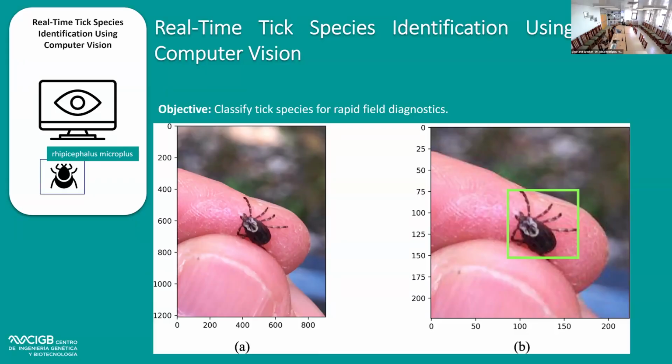an app that can identify and classify tick species using computer vision. That responds to the needs before you apply any kind of treatment or vaccine. You need to identify the type of vector you have.